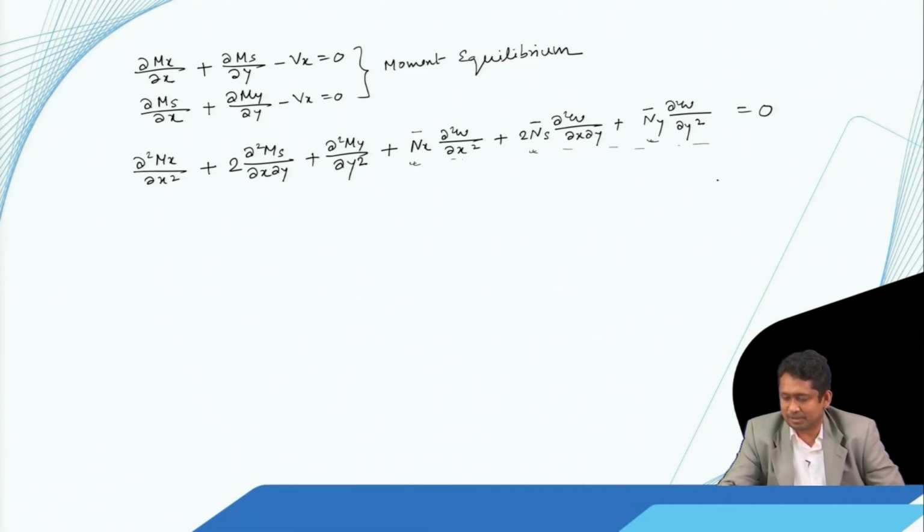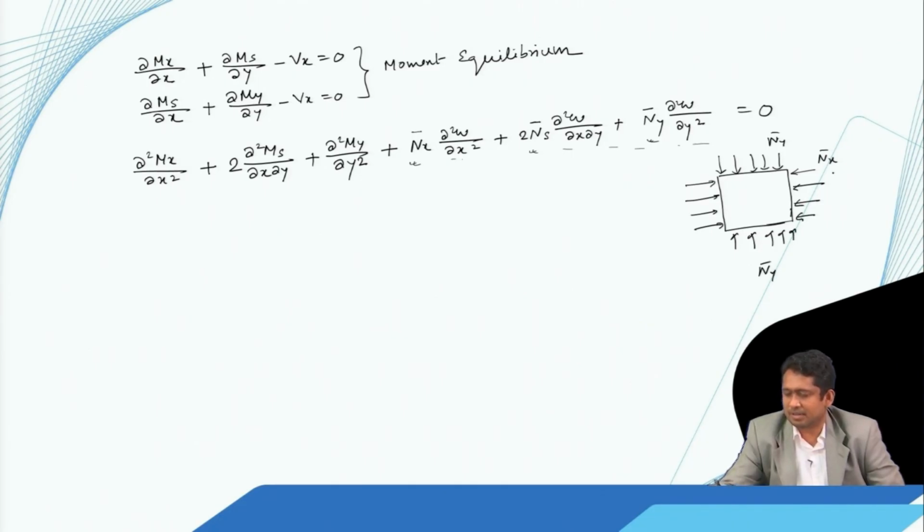That means we have a composite laminate, or a plate, which is under these forces. These are uniform forces, uniform Nx bar, uniform Ny bar, and then it can be accompanied by applied shear Ns uniform.